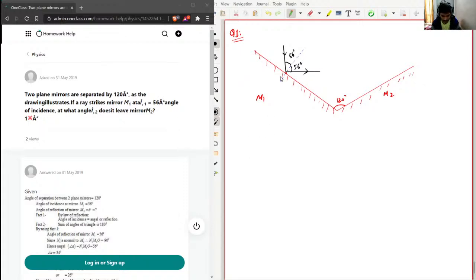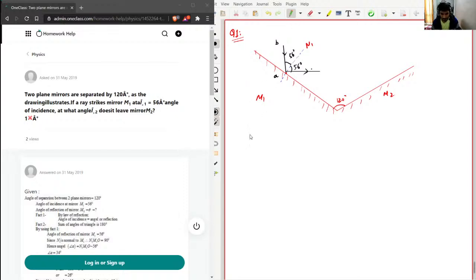So let's say this point is A, and this is B, and I'll write this in red, this is normal N1.